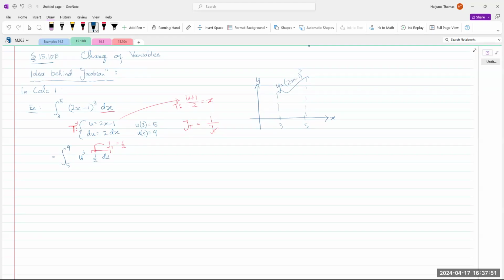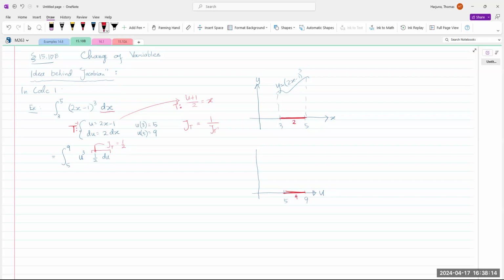Now, when we do the substitution, then we get the domain becomes u from 5 to 9. Now, I want you to notice that the length of the interval originally was just 2 units, now becomes 4, right? So this is 2 units here, it becomes 4.